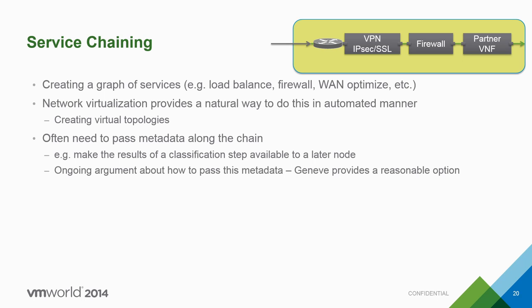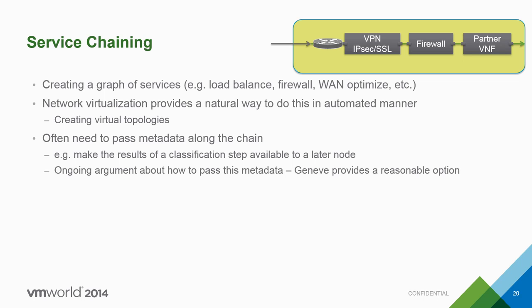So you have these services, you'd like to connect them into some kind of chain, or actually maybe a more complex topology, so really a graph of services. This is exactly what NSX does. NSX builds virtual topologies. So a service chain at its core is really just an example of a virtual topology. While there's been a lot said and written about service chaining, a lot of the difficulties come in trying to build service chains in the physical world.